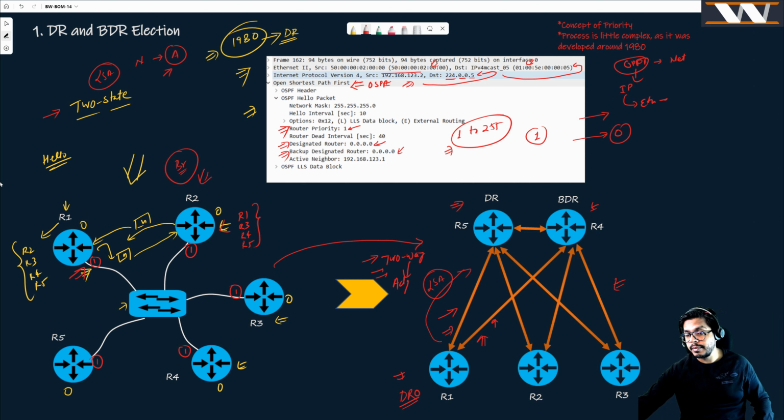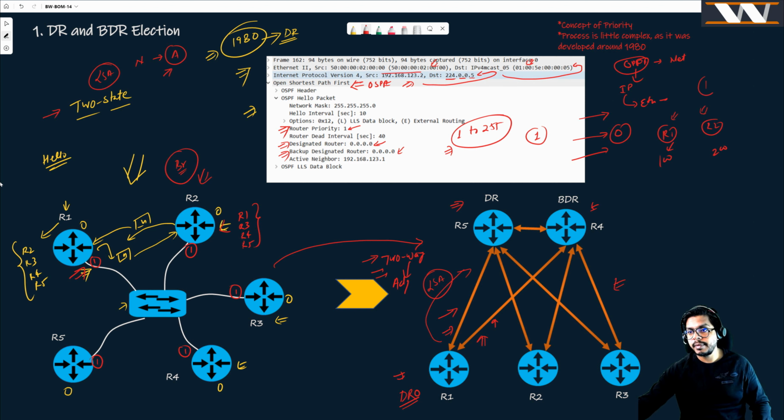A higher value means more chance. Suppose R1 has the value 100 and R2 has the value 200. If we need to select a DR out of these two, the one which has the highest priority is going to win the election.